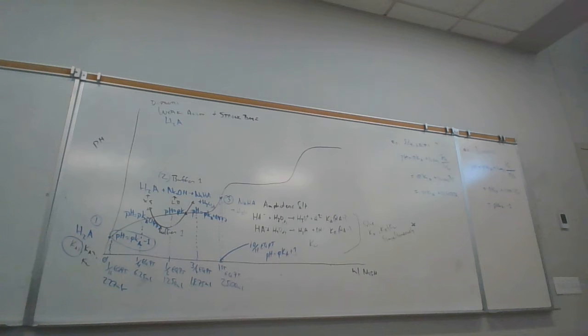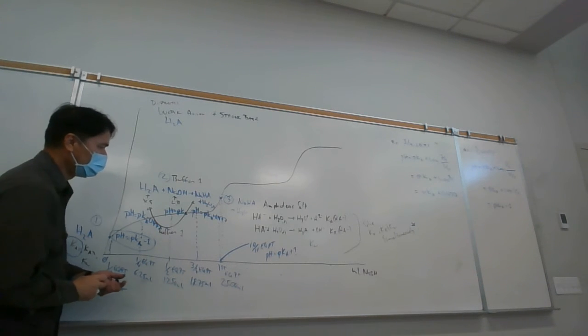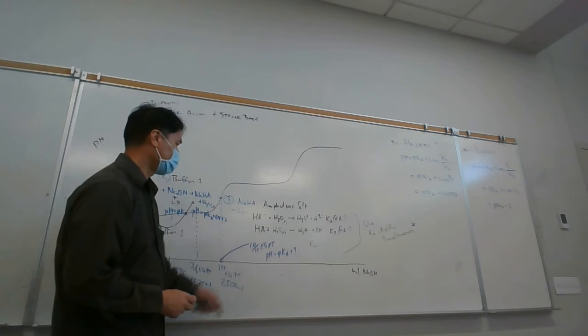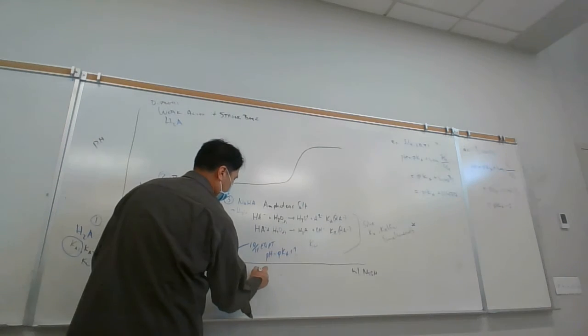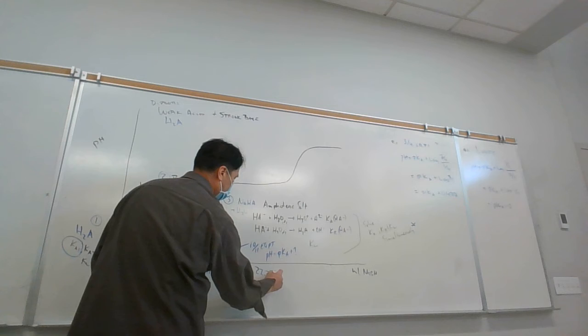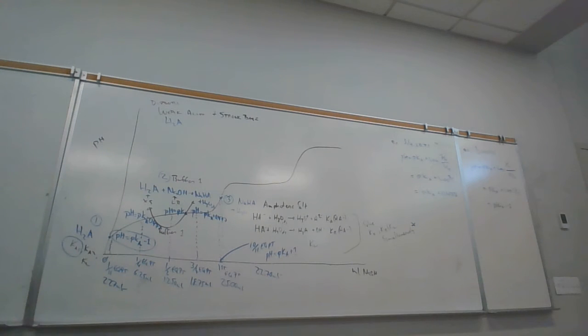We can do the 10/11 equivalence point quite quickly. At the 10/11 equivalence point, we've used up, actually, how many milliliters? I didn't calculate that. Well, it's going to be 10 times this, so it's going to be 22.70 milliliters. What is the pH? So the pH is equal to pKa plus the log.